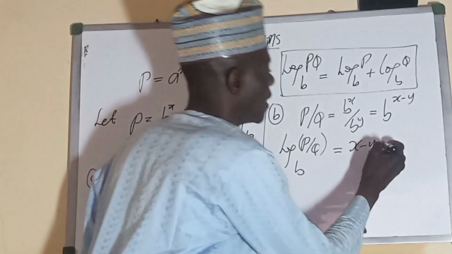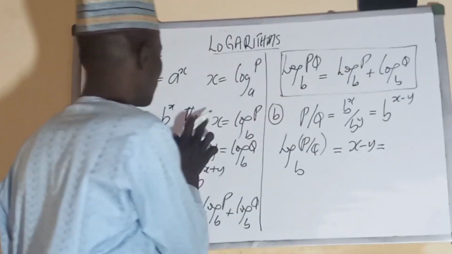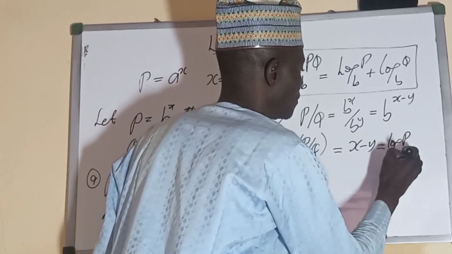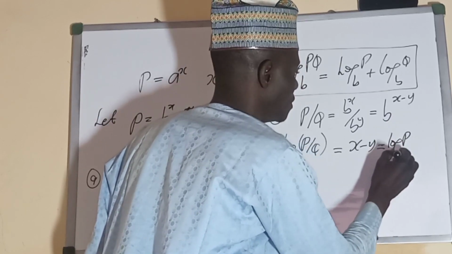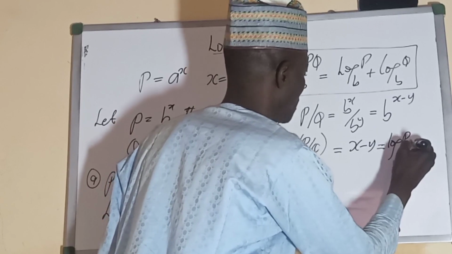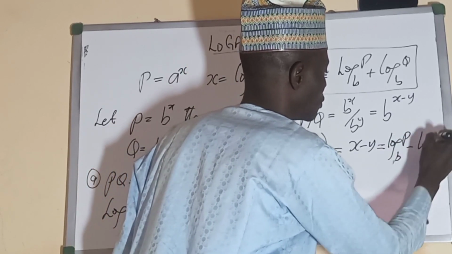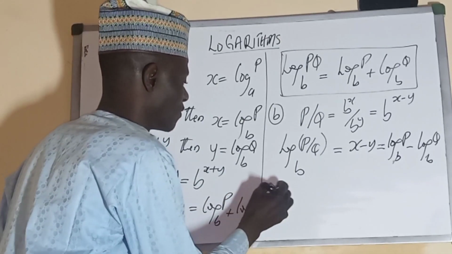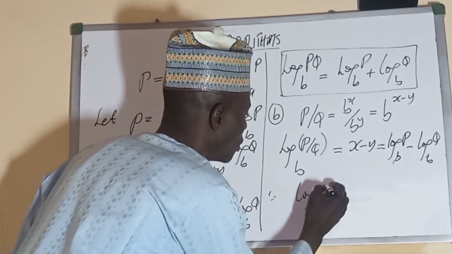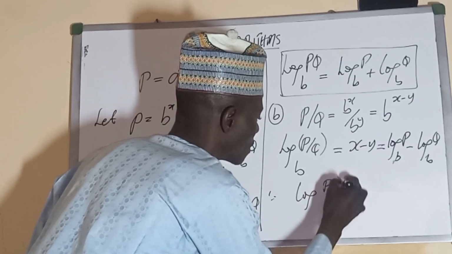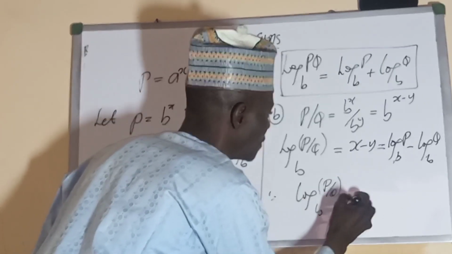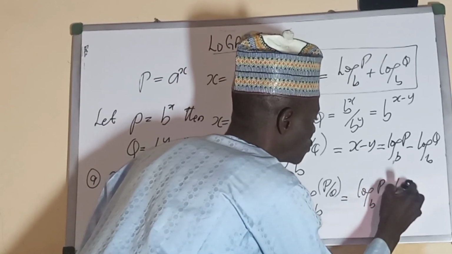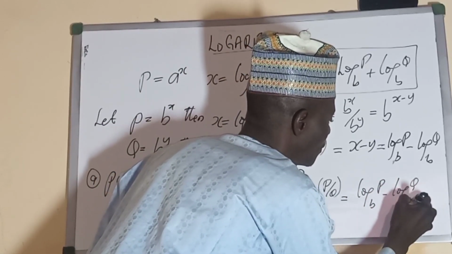So we already have our x and y, so we have log p to base b minus log q to base b. Therefore, log of p over q to base b is the same as log p base b minus log q base b.